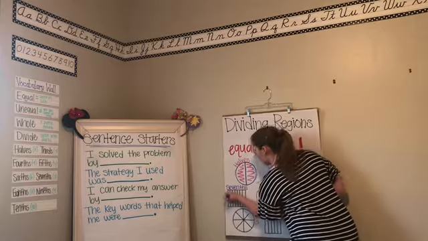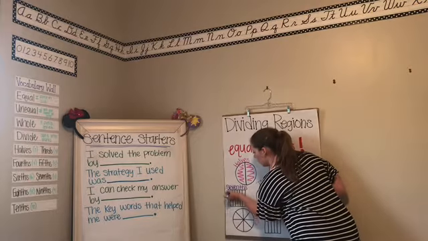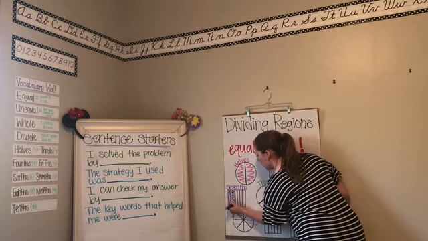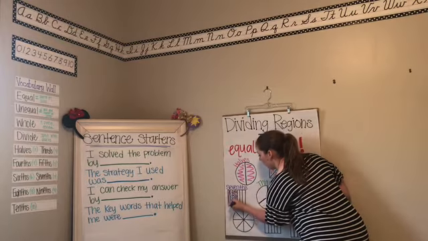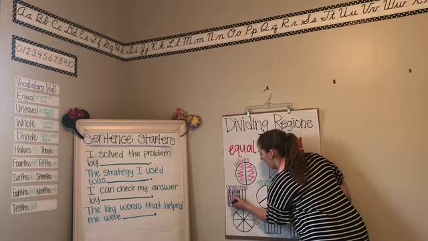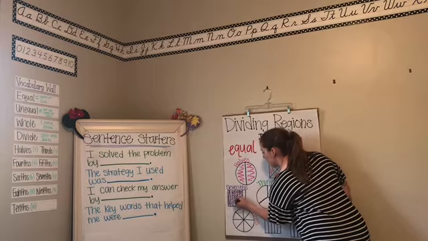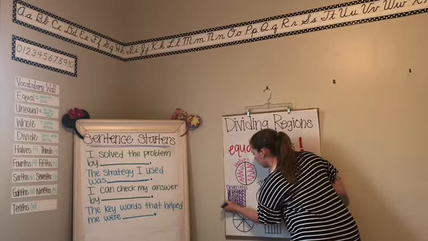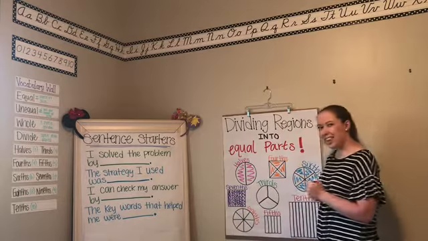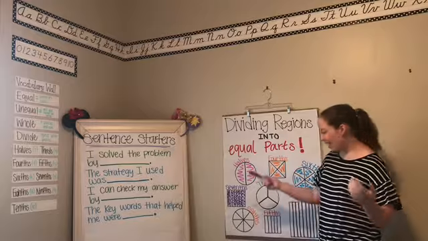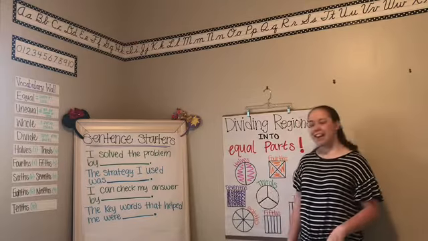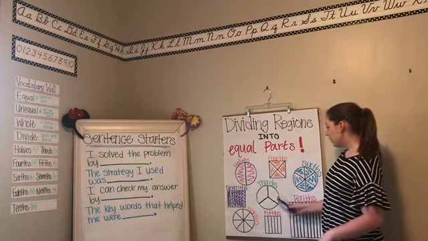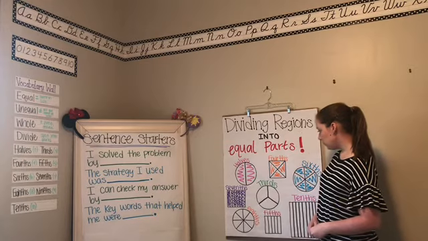Okay, let's count. 1, 2, 3, 4, 5, 6, 7. Were there 7 equal parts? Yeah, that's right, there were 7 equal parts. And mathematicians say sevenths.